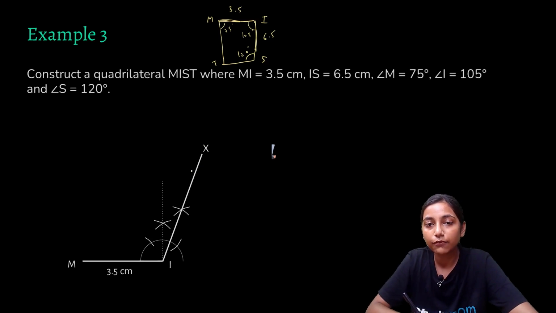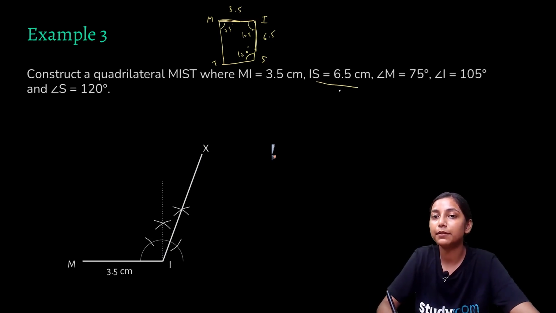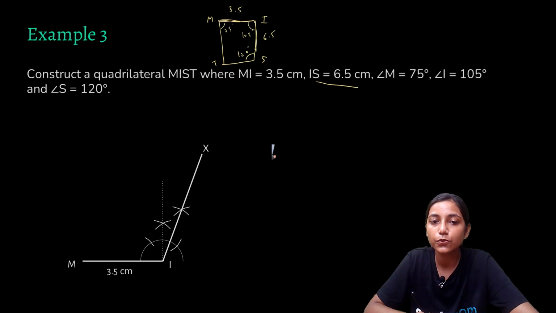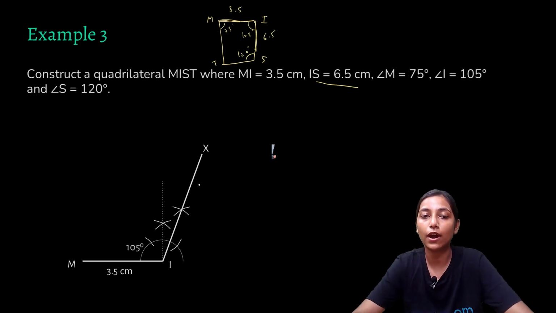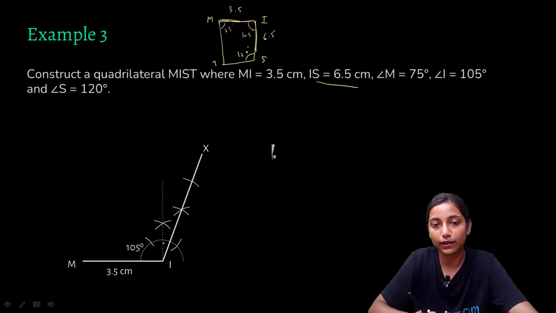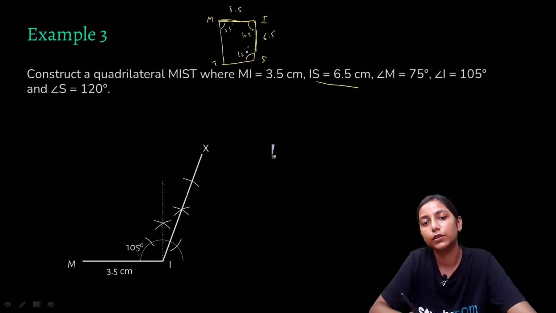Now we will have the point S somewhere on this line segment. We are given IS to be 6.5 centimeters. So just use I as the center and draw an arc with the radius 6.5 centimeters. This is angle 105 degrees, right? Starting from 30, 60, then half will be 90 degrees, and then half of these two will be 105 degrees.